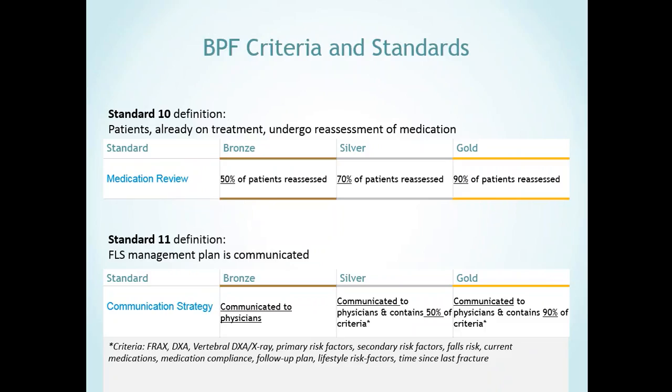Standard number 10, patients already on treatment should undergo reassessment of medication. And we all see today that more and more patients have at one time or other been on particularly a bisphosphonate, and they should then be reassessed, particularly if they have stopped taking the medication, but also if they take it because now they've had a fracture, so we need to review what is the best treatment plan for the future.